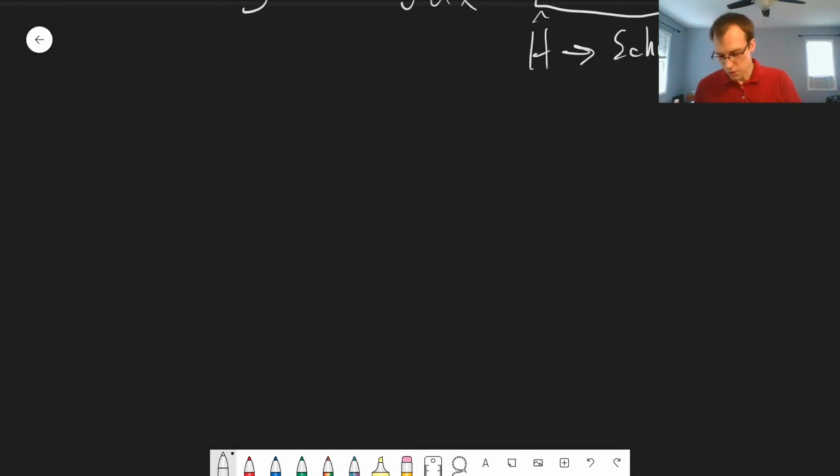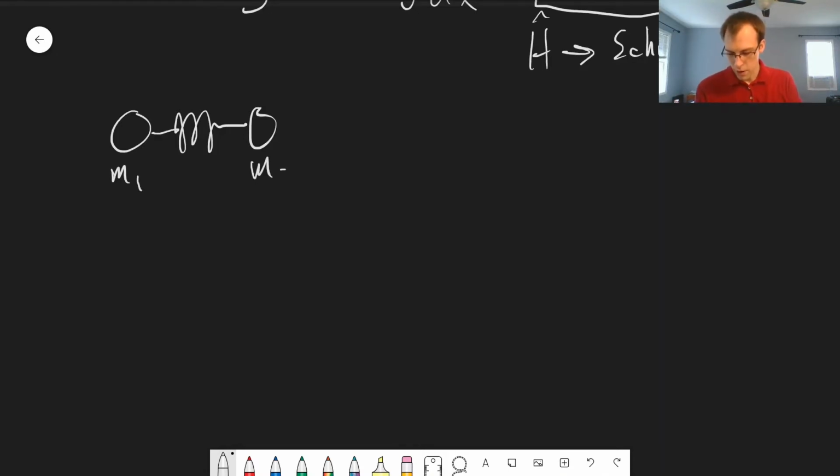So the first change is in our coordinate x. So x in the original problem is just how much the single mass had stretched or compressed. And now x becomes the relative separation between mass 1 and 2.